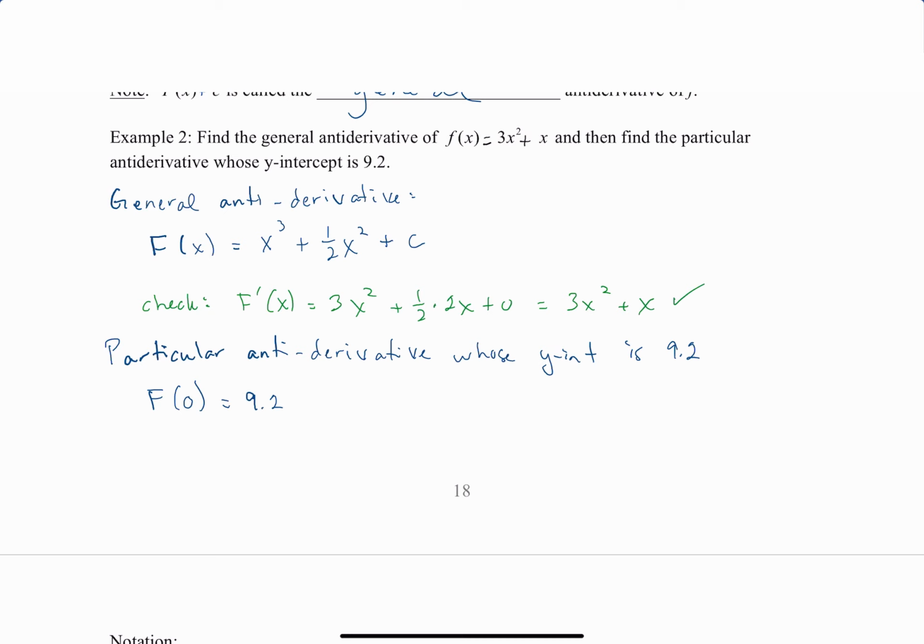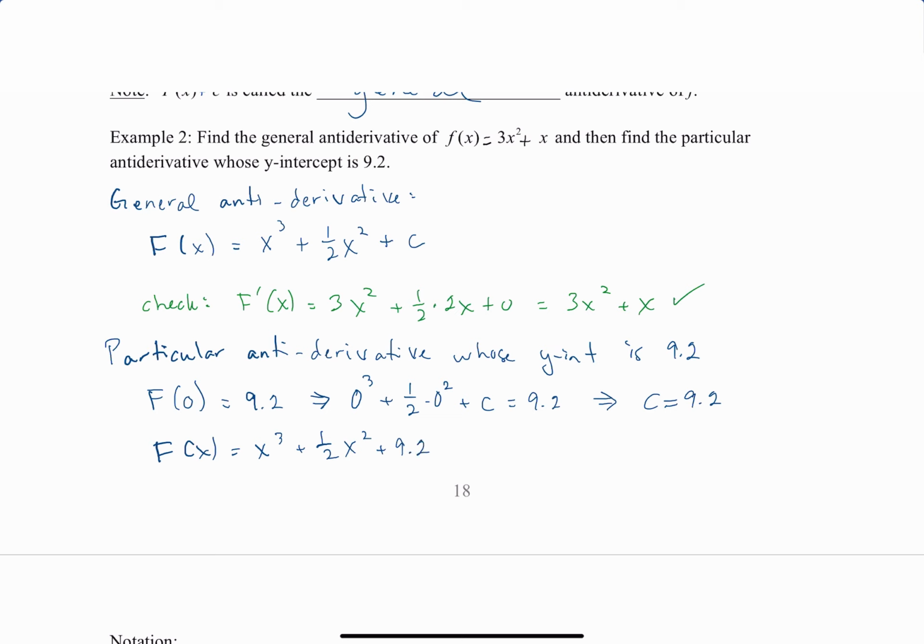Because that's what a y-intercept is. It's when you plug in x equals 0. So for our general antiderivative, we have 0 cubed plus 1/2 times 0 squared plus c, and we want that to work out to be 9.2, which leads us to c equals 9.2. So the particular antiderivative is F of x equals x cubed plus 1/2 x squared plus 9.2.